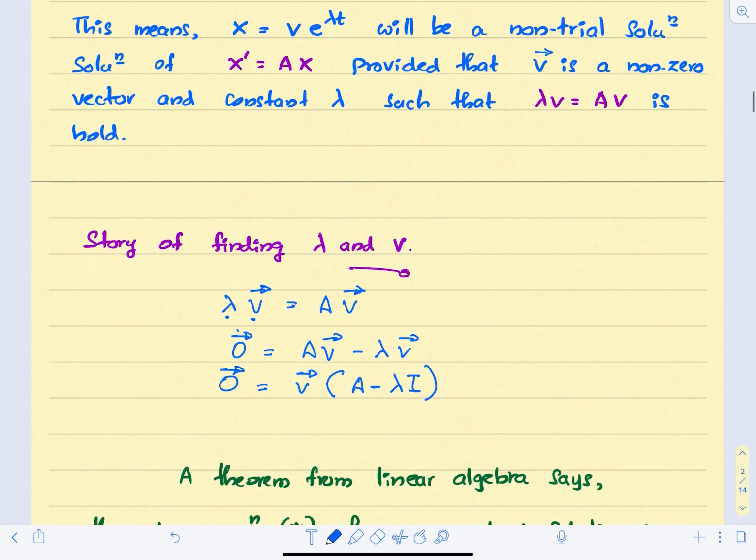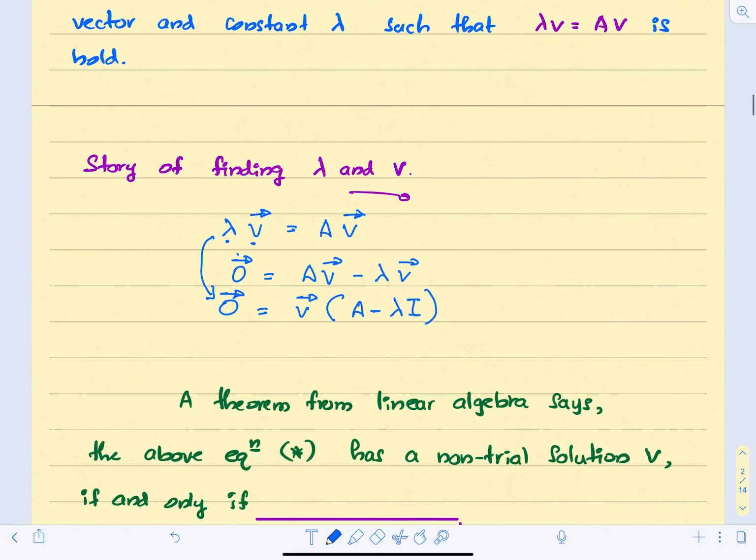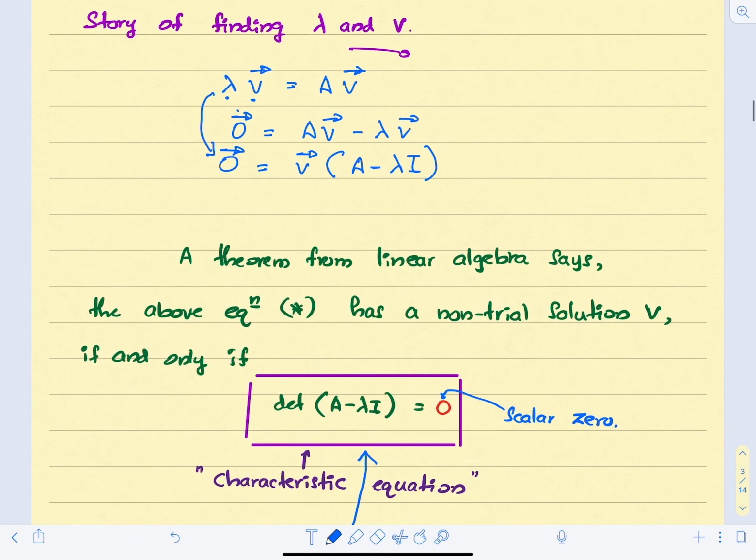Okay, so basically we rearranged this equation into this, and you must remember this: we are looking for non-zero values for vector v. If it is 0, then that's the trivial solution. Now this is where we use a theorem from linear algebra.